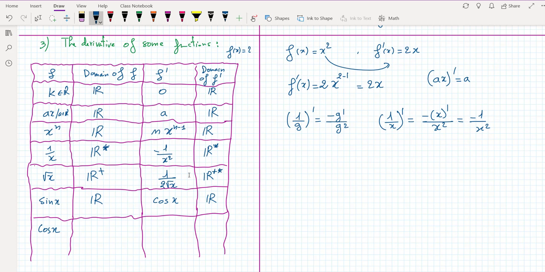Derivative of cosine x, defined on R, is minus sine x. The domain of definition is also R.